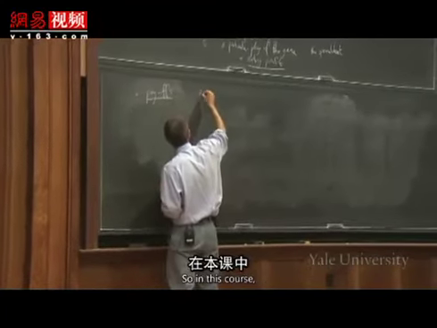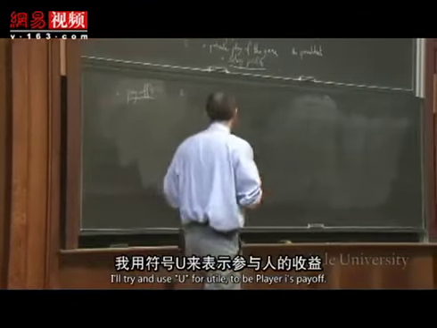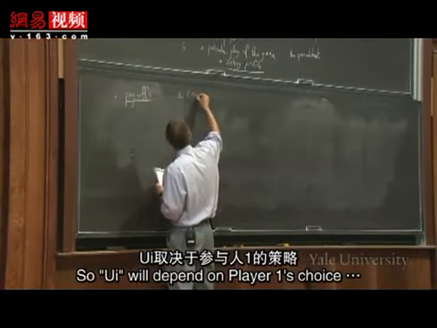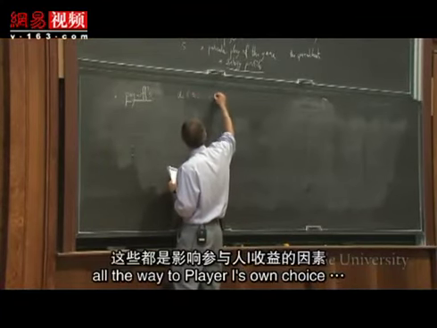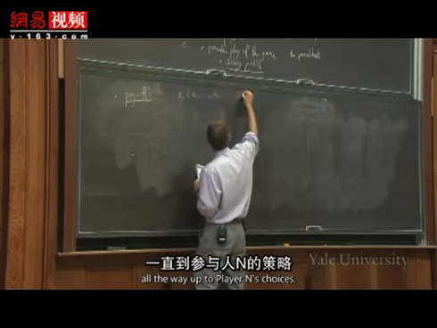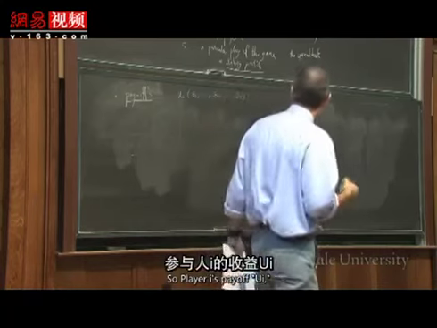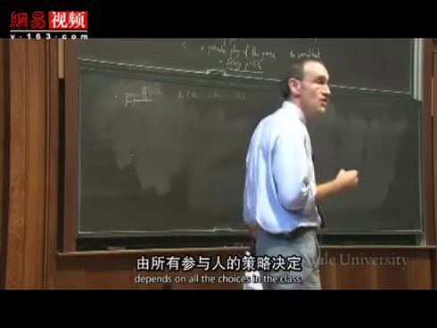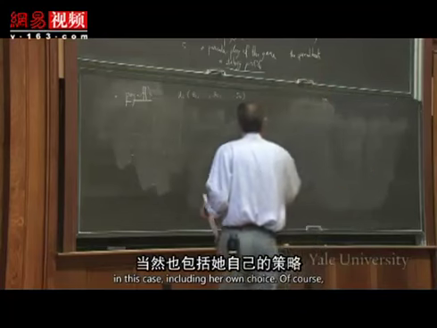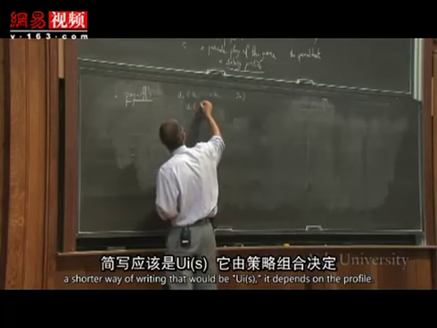And again, I need notation for payoffs. So in this course, I'll try to use u_i for utility to be player i's payoff. So u_i will depend on player 1's choice all the way to player i's own choice, all the way up to player n's choices. So player i's payoff, u_i, depends on all the choices in the class, in this case including her own choice. And of course, a shorter way of writing that would be u_i(s).